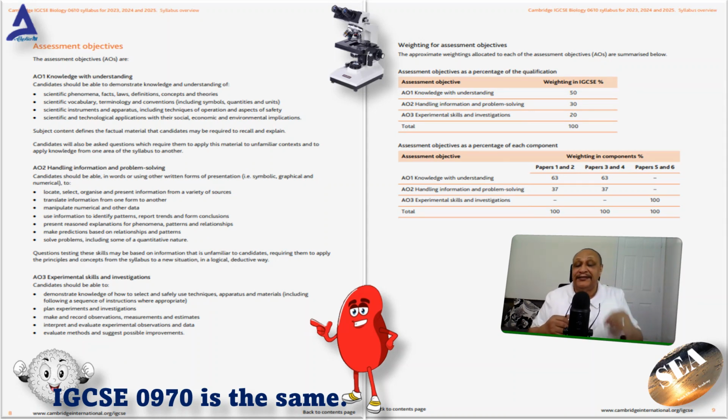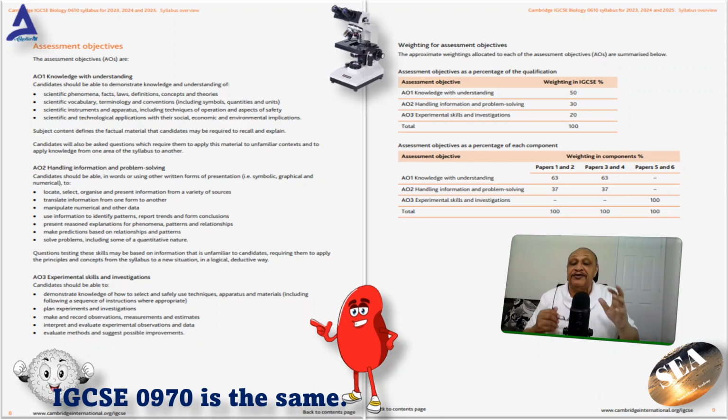Each one, let us see how they are weighted in the total IGCSE percent. In percentage terms, number 1, which is assessment objective 1, knowledge with understanding, is 50%.